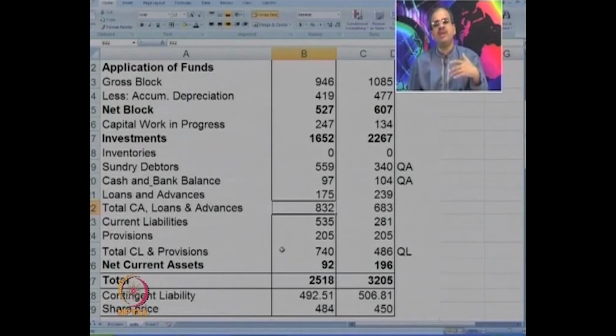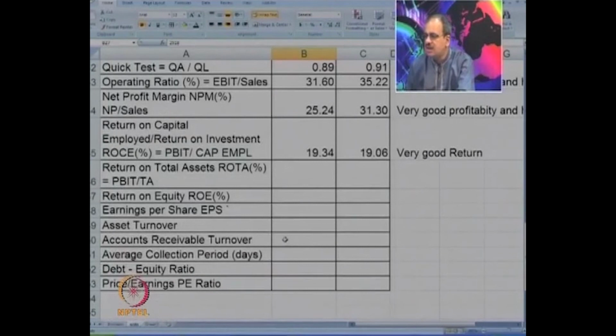In other words, we will not deduct current liabilities for this calculation. Are you getting clear? All assets are added, but we will not deduct current liabilities. So, we will not take this figure, we will take the total of all assets. Let us try to calculate.